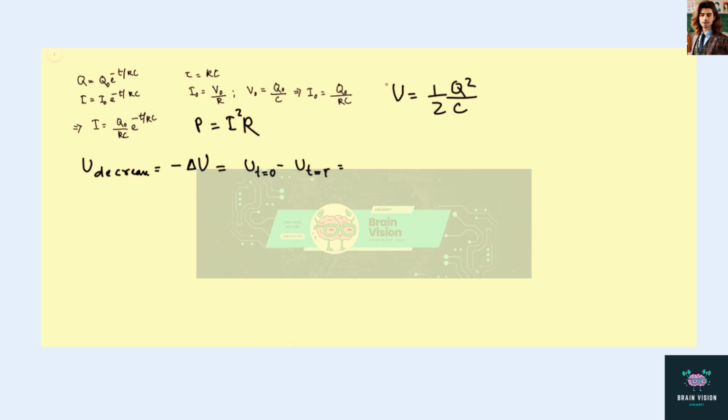Now let's plug this expression over here. At t equals 0, we have Q equal to Q naught, because e to the power 0 is just 1. So for the potential energy at t equals 0, we have Q naught square over 2C.